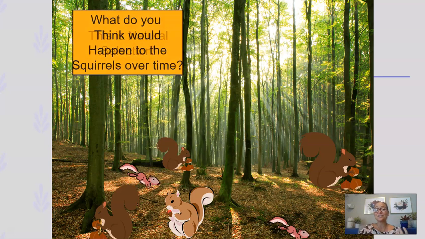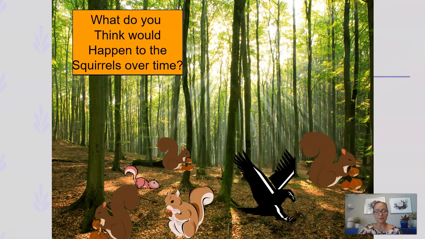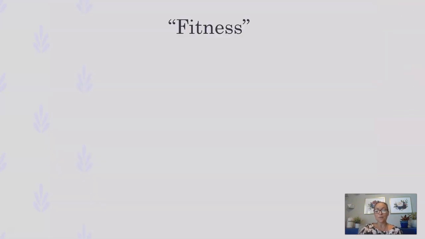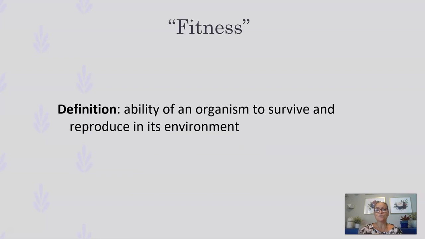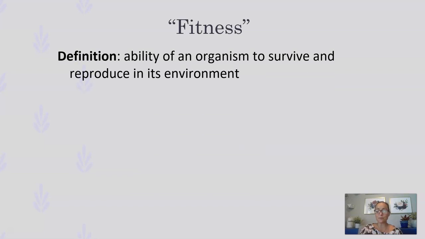And so the next generation, like when we think about, well, what's going to happen to the squirrel population over time or over generations? So when we think about this, well, first let's define fitness. So here, fitness, what we saw in the squirrel example, is the ability of an organism to survive and reproduce in its environment.